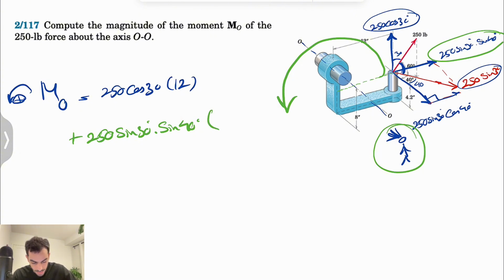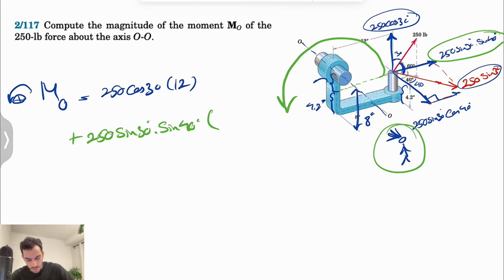The distance that we have in here is this distance. Let me try a different color. So this distance. We know from here to here we have 8 inches, and this distance in here is 4.2 inches.